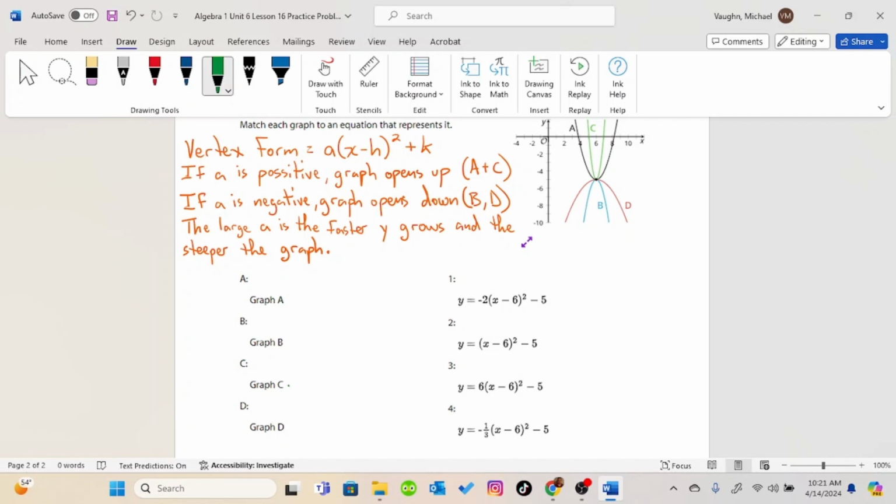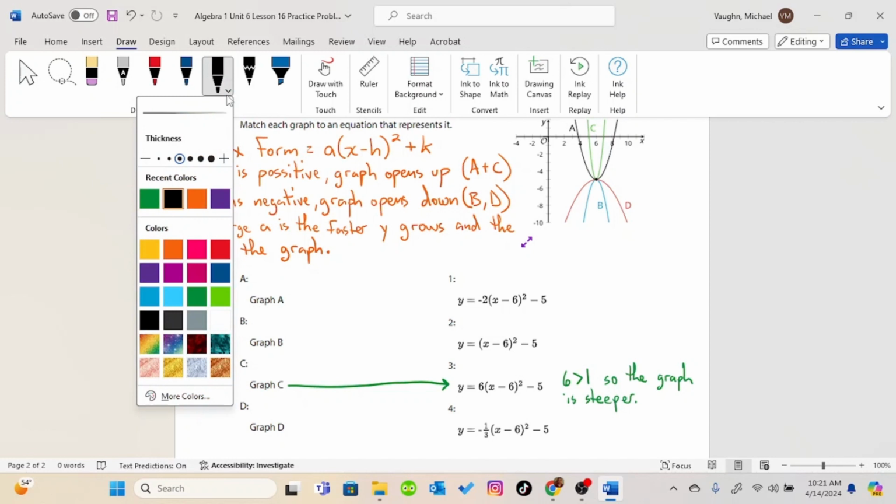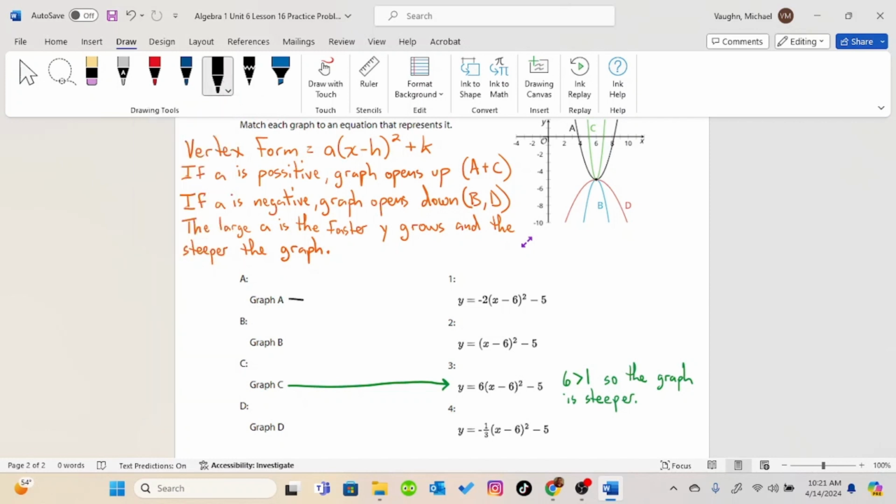So C is going to match with 3. 6 is greater than 1, so the graph is steeper. That means A must match with number 2.